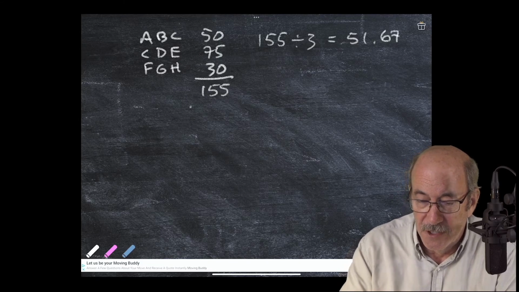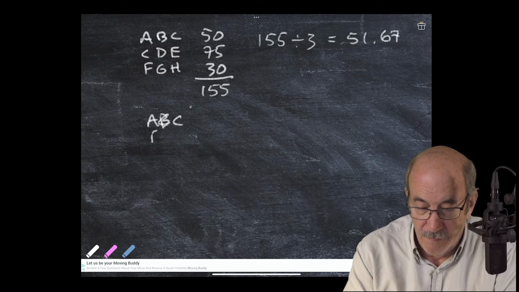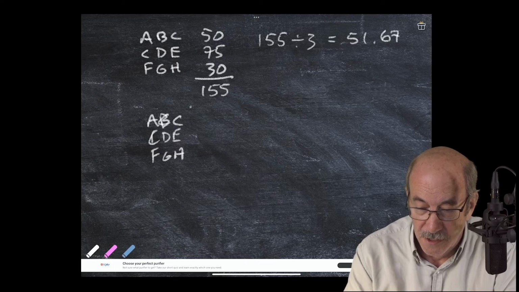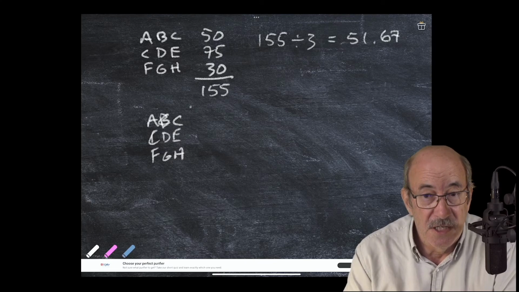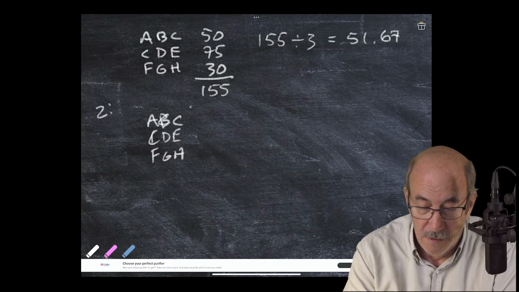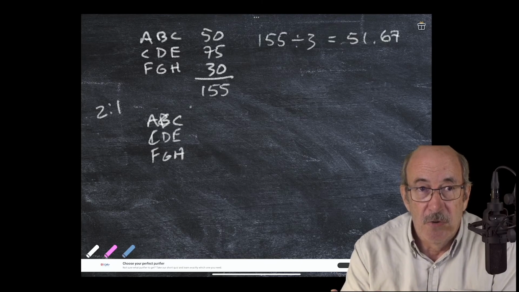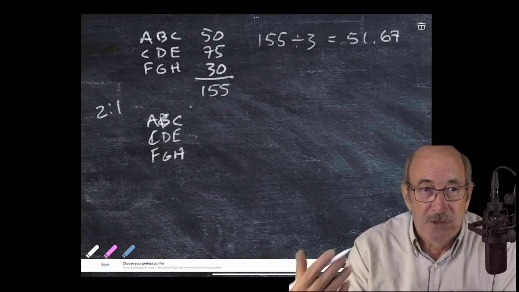If, for instance, let's say that stock ABC does a split, a 2-for-1, and that means that for every share you own, you get an extra share.